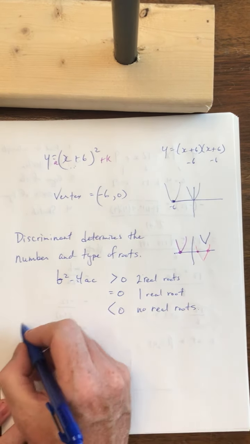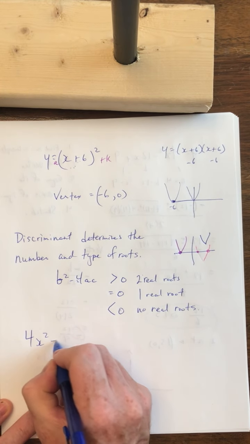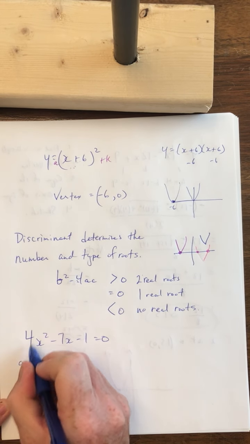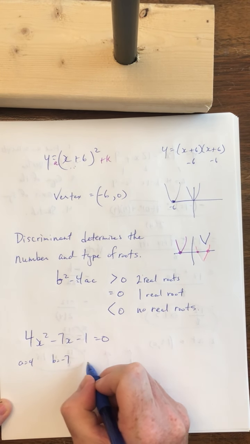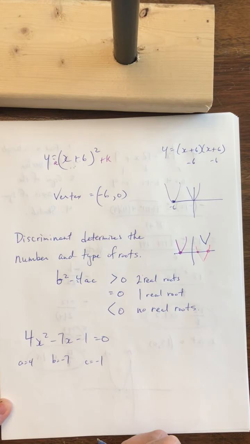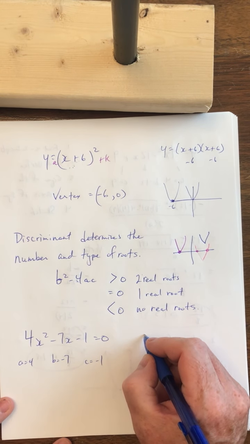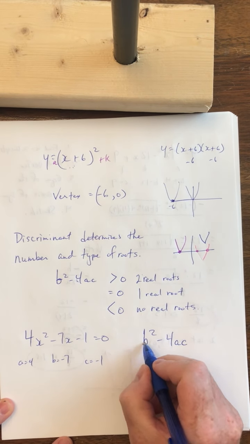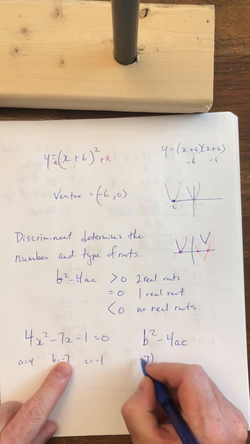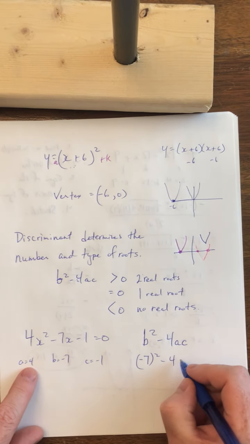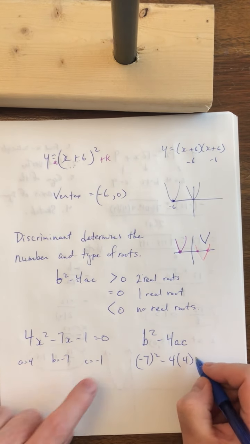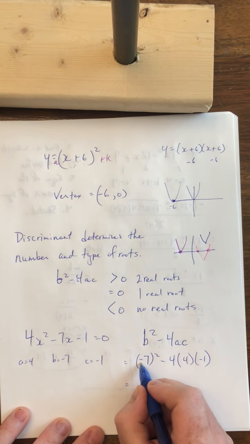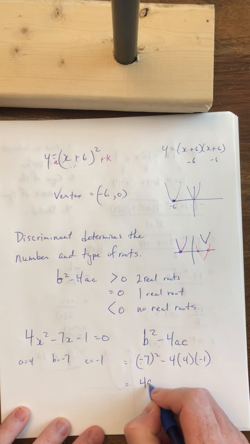So in an equation like 4x squared minus 7x minus 1 equals 0, we know a is equal to 4, b is equal to -7, c is equal to -1. We can use our discriminant formula here, b squared minus 4ac. b is -7, so -7 squared minus 4 times a, which is 4, times c, which is -1. -7 squared is 49.